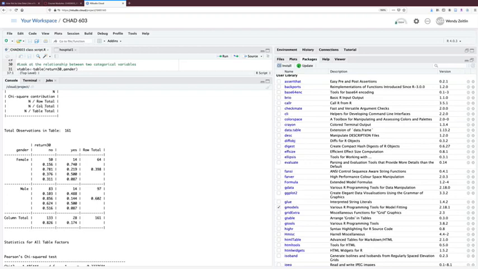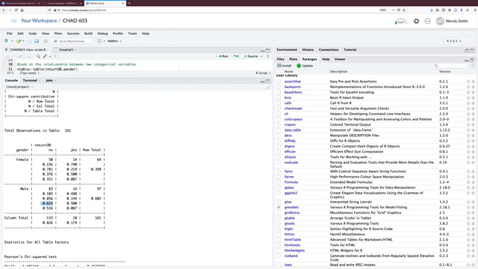And then the column totals, the column percentages, are the fourth down: 1, 2, 3, 4. So of all of those patients who did not return within 30 days, just over a third were female and 62.4% were male.